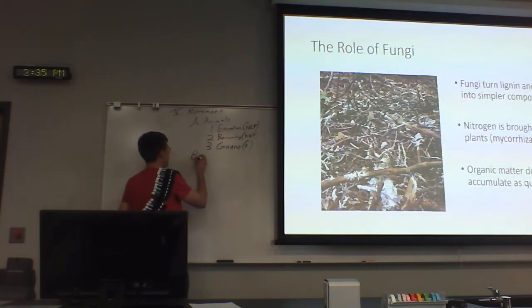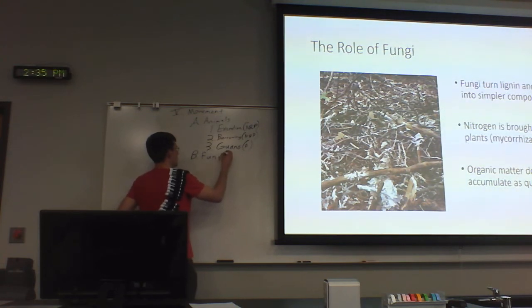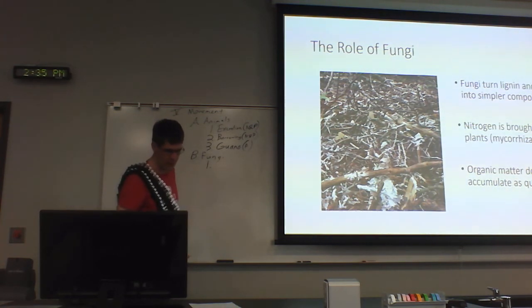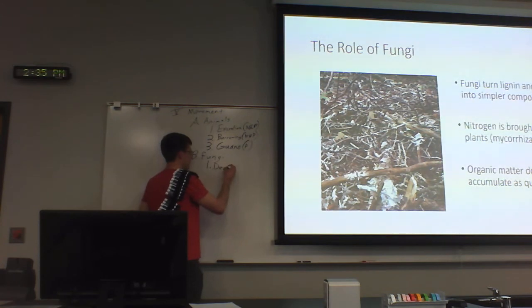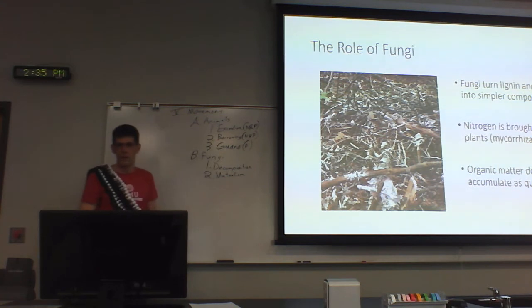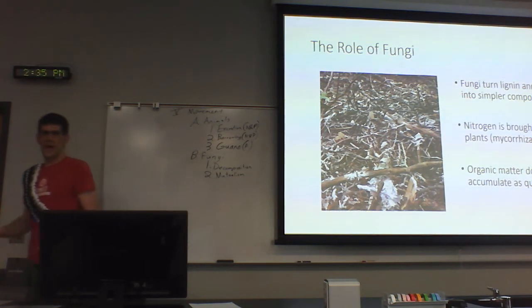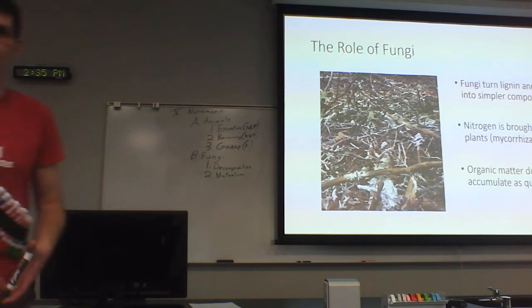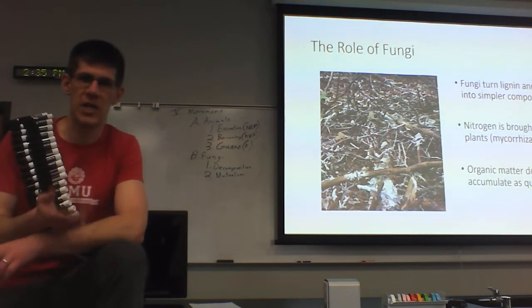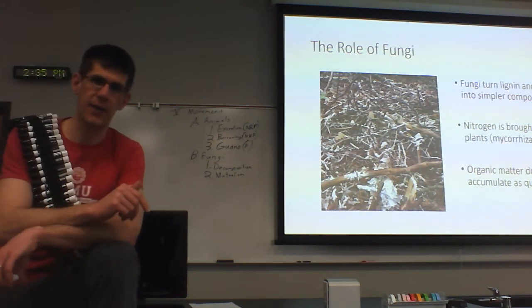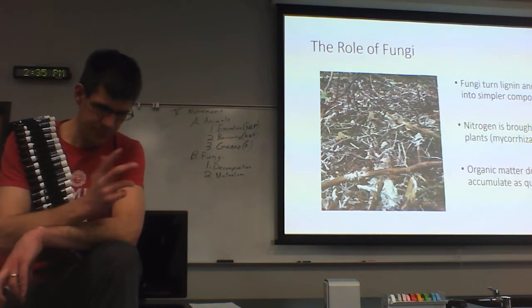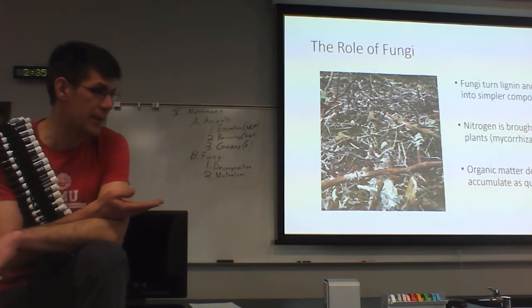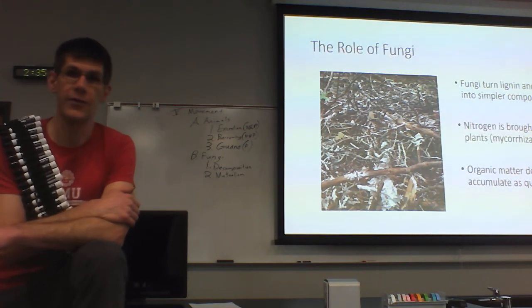Fungi. Fungi have a large role in the carbon cycle, decomposition specifically. They also have roles in mutualism, bringing nitrogen and phosphorus and potassium back to the plants in exchange for carbon, and by decomposing carbon in the cellulose and lignin, fungi influence the nitrogen, carbon, and potassium and phosphorus cycles.